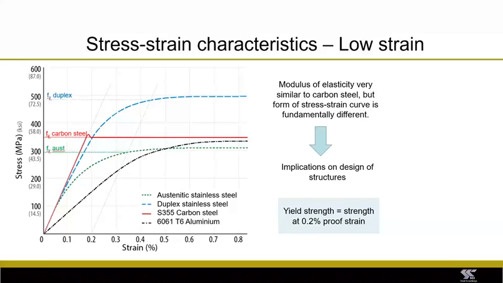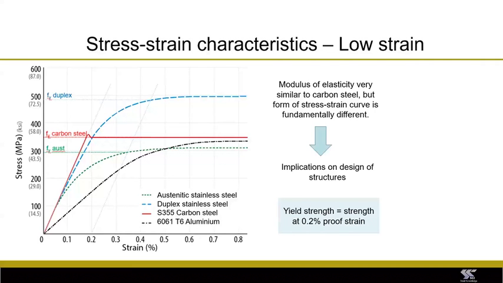And this behavior leads to differences in the performance of stainless steel beams, for example. The stiffness, modulus of elasticity, is very similar, carbon steel, stainless steel. And what we use in design, because there isn't a clear yield point, is the strength at the 0.2% strain.